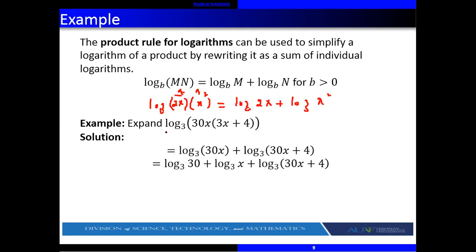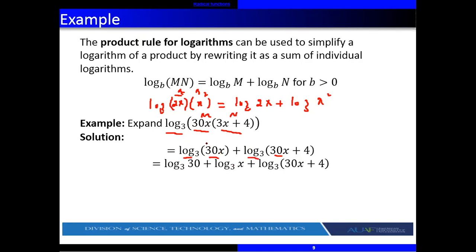Like this one, log base 3 of 30x multiplied by 3x plus 4. Suppose this one is m and the second one is n. First, we write log of 30x at the base of 3, and second, log of 3x plus 4 at the base of 3.